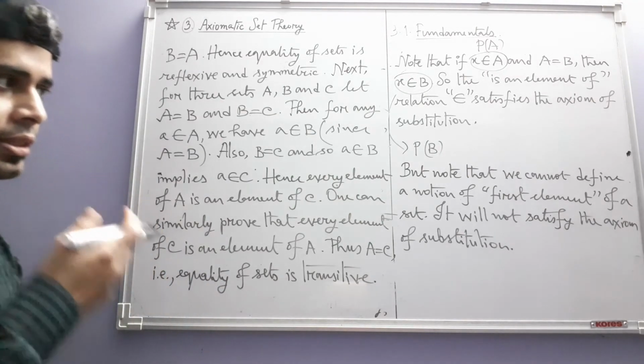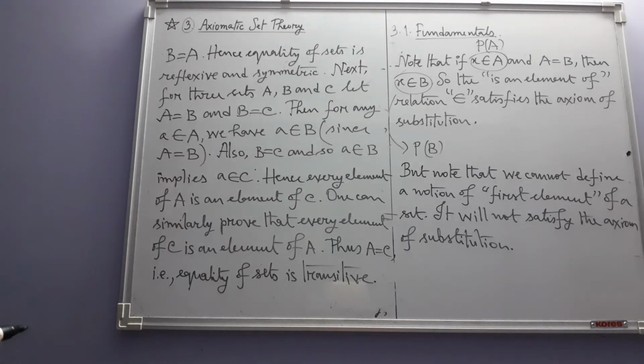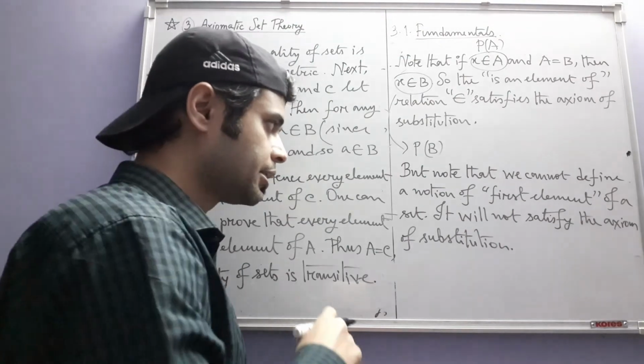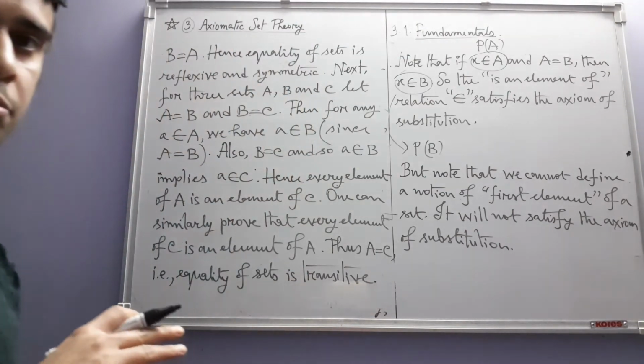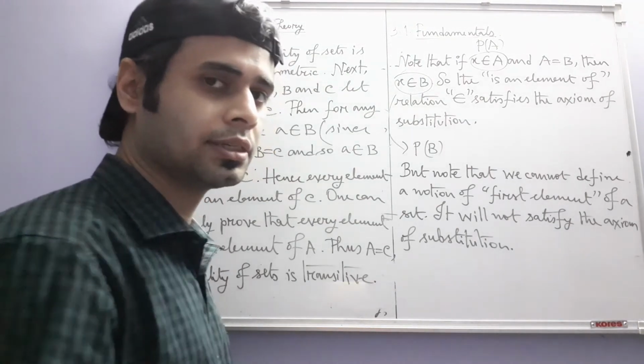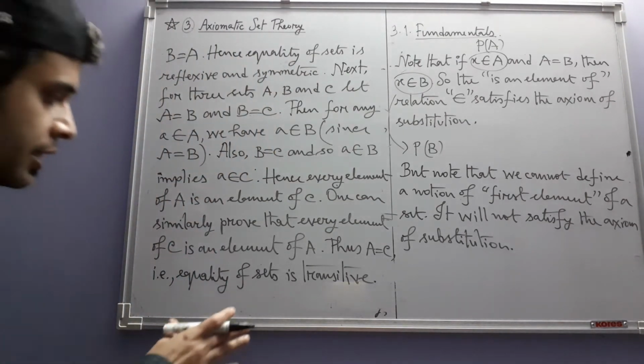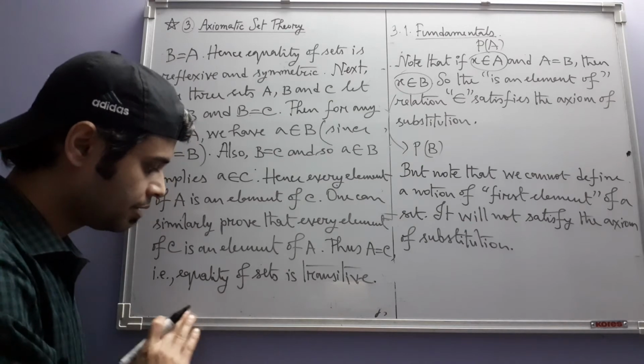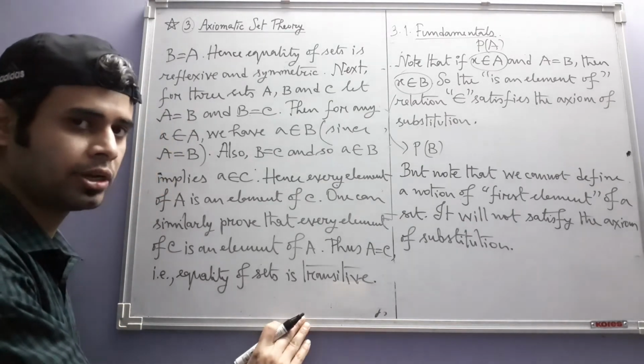Why? Because a set's elements are not ordered in any way, there is no natural order. We can write the elements in whatever order, if they can be written. We have already seen these things in naive set theory, right? In some sets the elements can be listed. They are small enough for that.